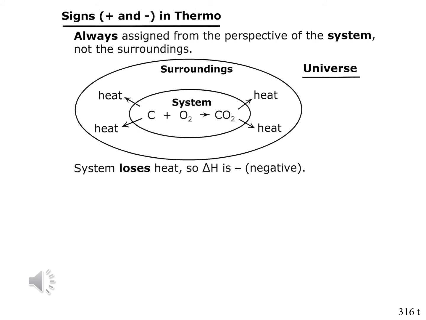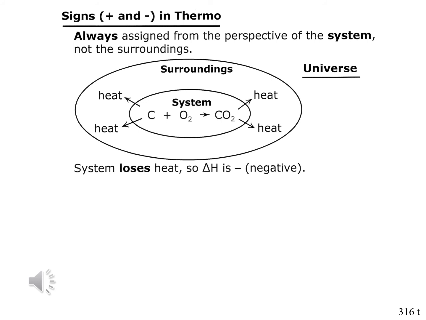Whenever you assign the negative or positive to a function, you always look at it from the perspective of the system, not the surroundings. See, the reaction in this case is the system. The heat is coming out into the surroundings. So what's happening to the heat of the system? It's going down.